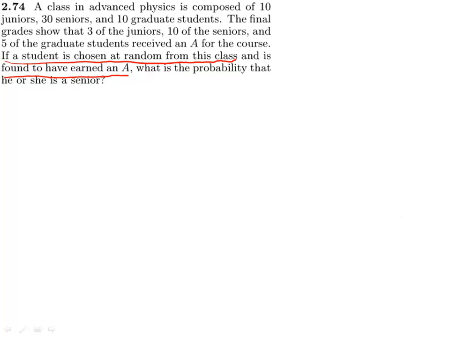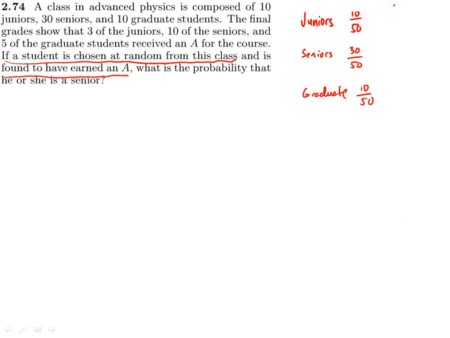So for this type of problem, the best thing to do is just list the information that you have from the problem. So you know that juniors are 10 out of the 50, right? And you know seniors are 30 out of the 50, and the graduates are 10 out of the 50.